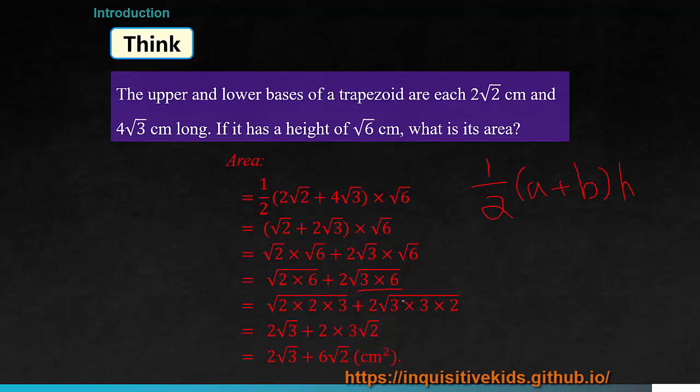And then you simplify each term into its most simplified radical form to get 2 times the arithmetic square root of 3 plus 6 times the arithmetic square root of 2. And our answer would be that, and you have to write the label, which is centimeters squared.